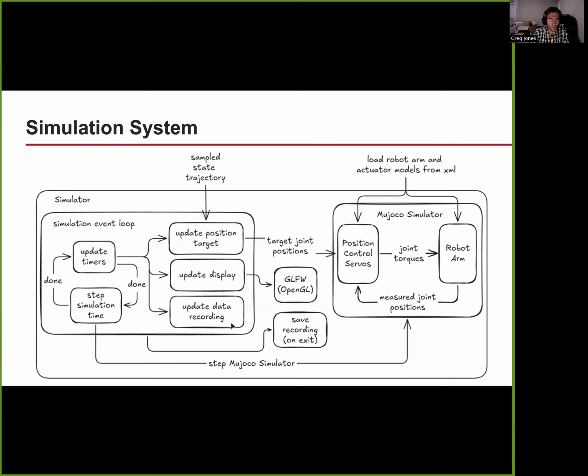And then also a timer for caching or updating data recorded based on the actual trajectory, or the actual motion of the robot arm. And that ended up being saved to a separate file on exit of the software. This was in C++.